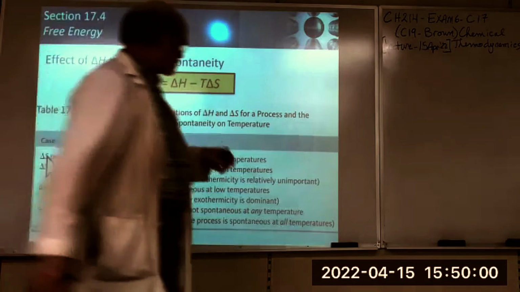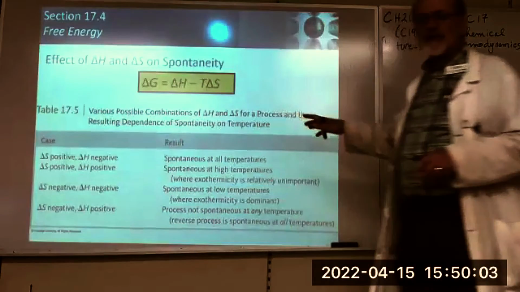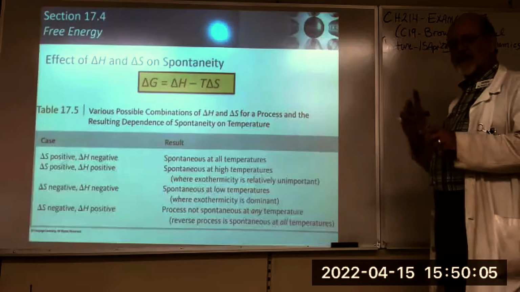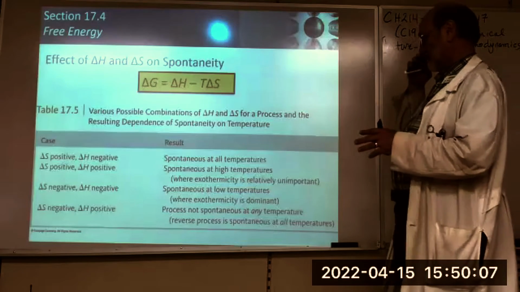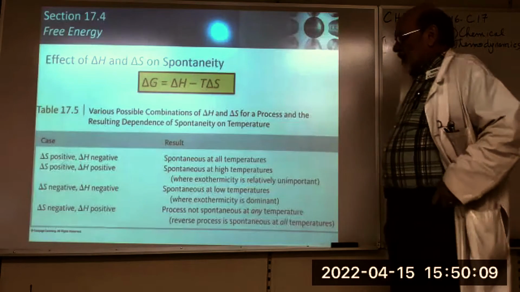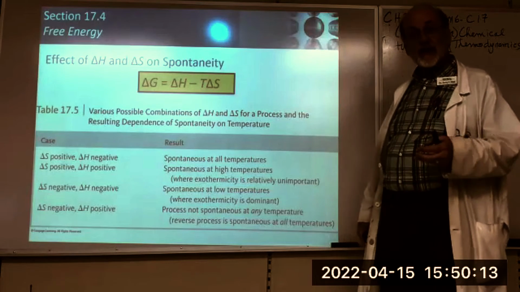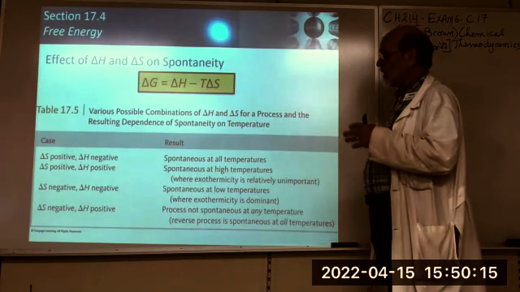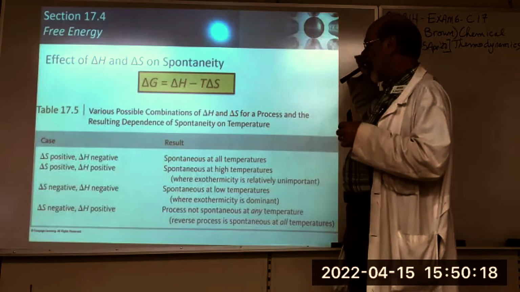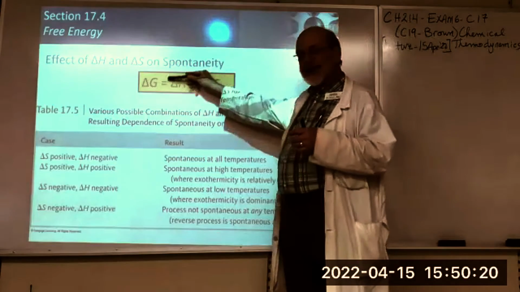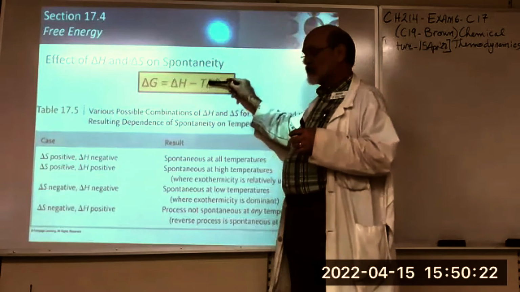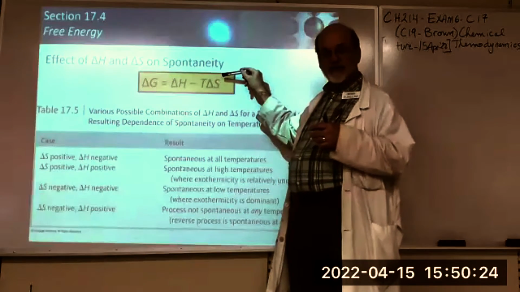Okay, so this table summarizes what Professor Dave just discussed. If we want to understand or predict spontaneity using the Gibbs free energy equation, we look at the balance between enthalpy, temperature, and entropy.